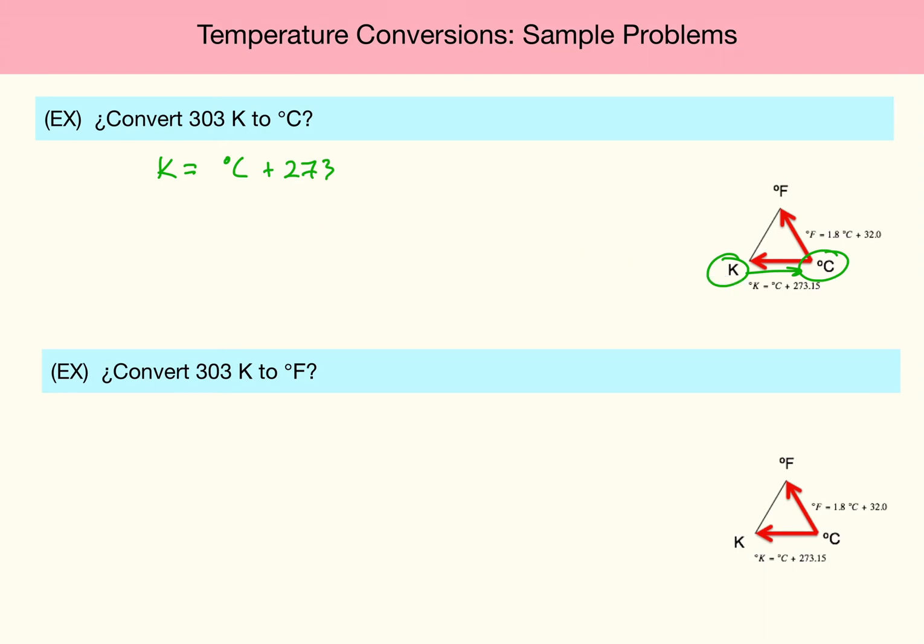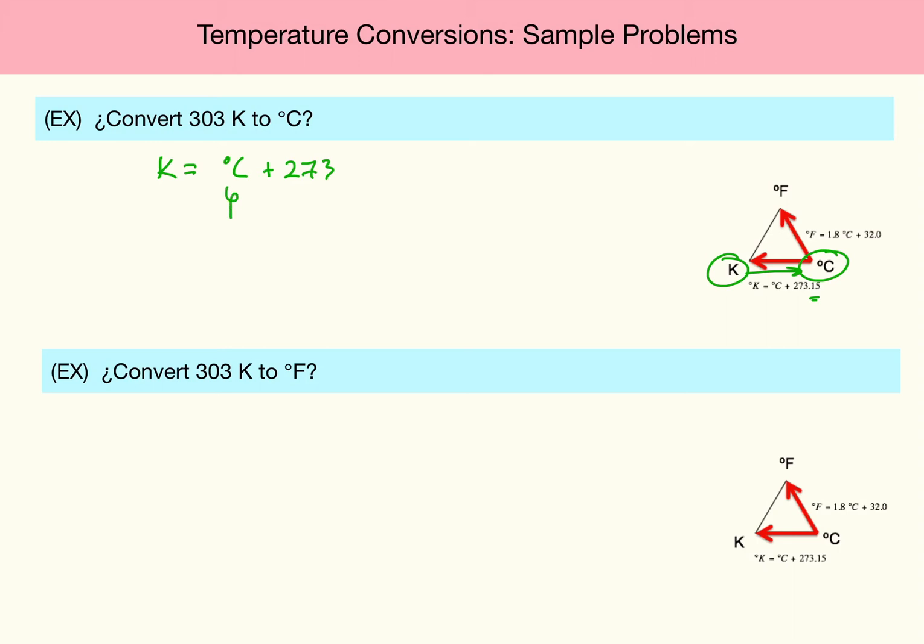I'm not going to use the 0.15. Why? What I'm starting with here is only good to the ones place. Since I'm adding or subtracting, I know I count in places. And since what I'm starting with is only good to the ones place, I'm just going to use a number that's good to the ones place, because I know the 0.15 is going to be meaningless later anyway.